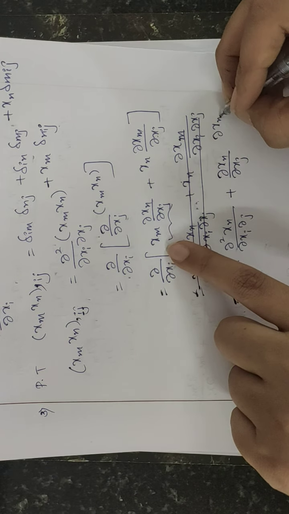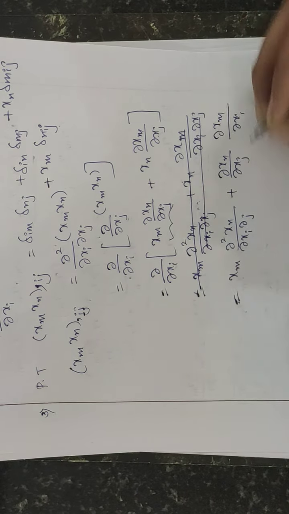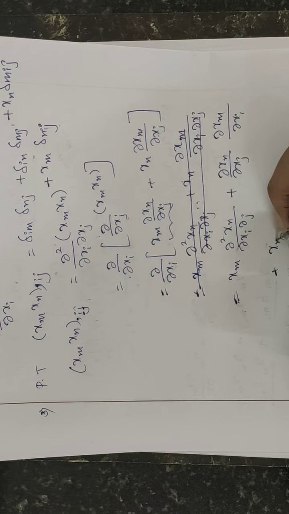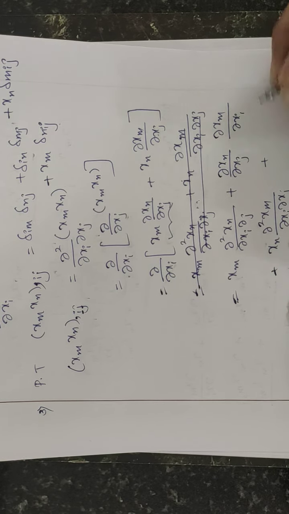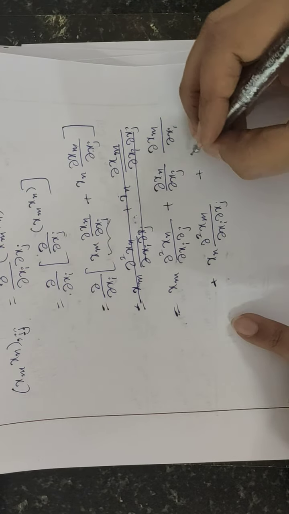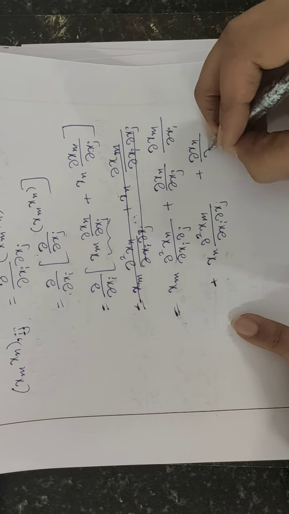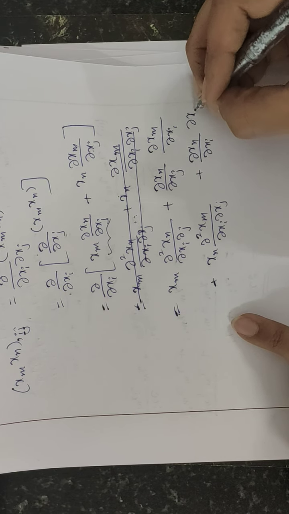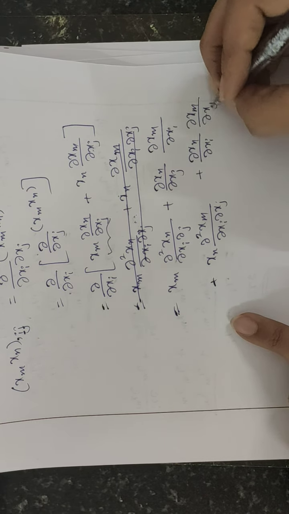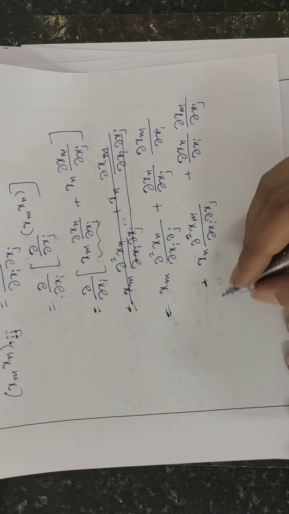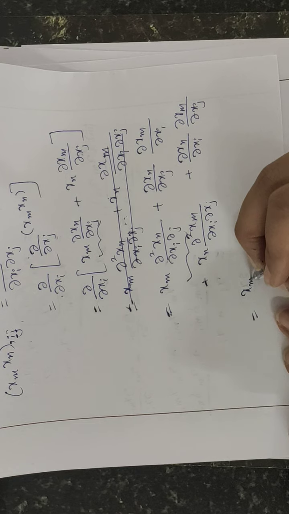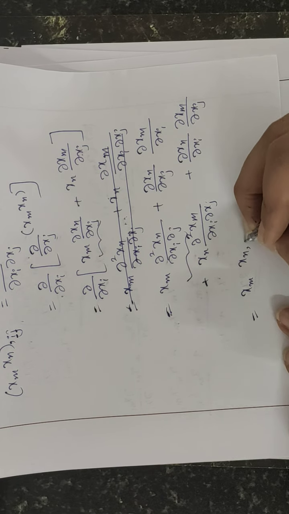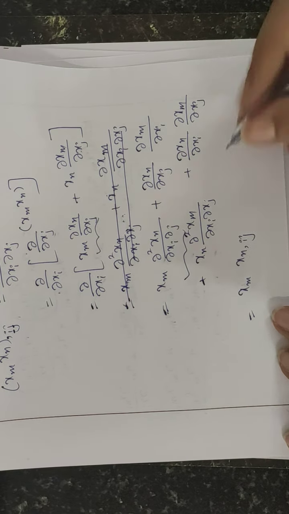You will get dou xm by dou xi. So again xn into dou square xm by dou xi dou xj plus dou xn by dou xi into dou xm by dou xj. So now this is nothing but xm into xn comma ij, right?